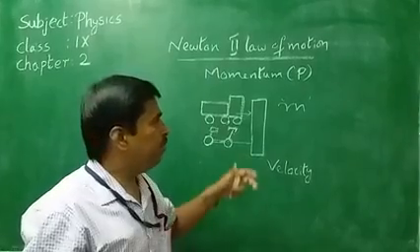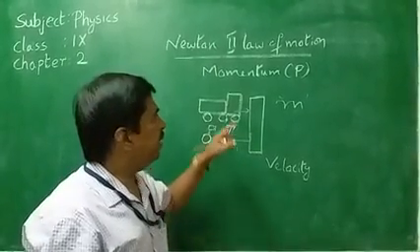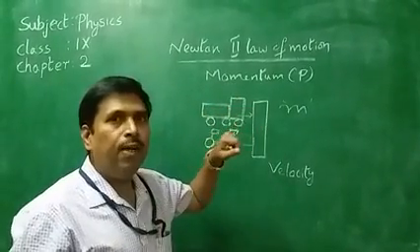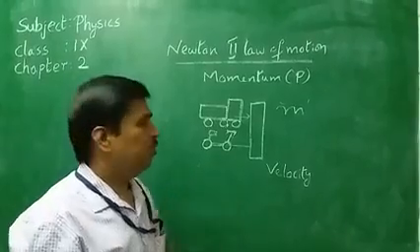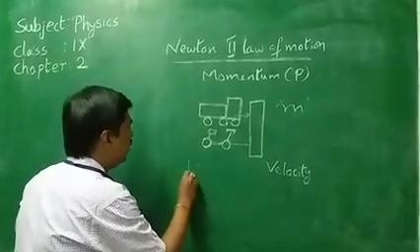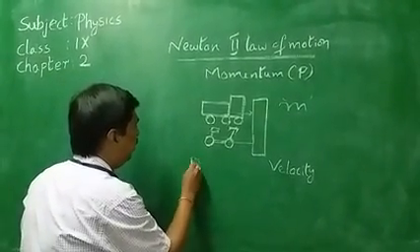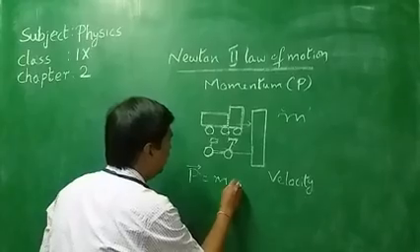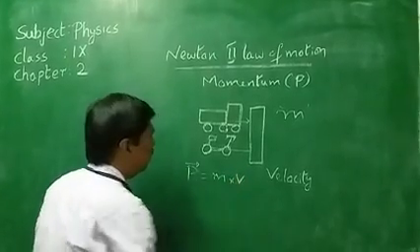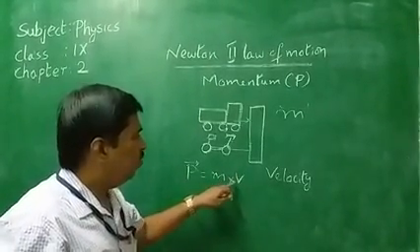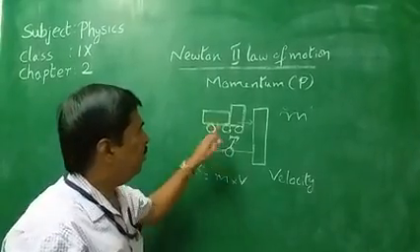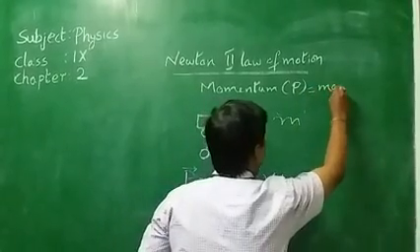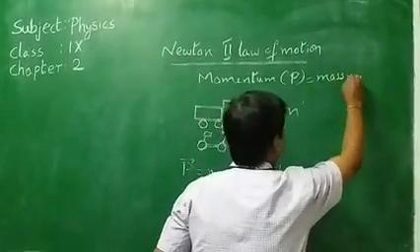From this concept, we are able to get momentum. So momentum is nothing but a product of mass and velocity. It is denoted with the letter P, and you get the product of mass and velocity, where m is mass of the object and v is velocity.